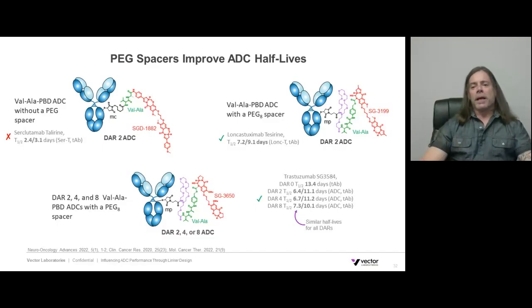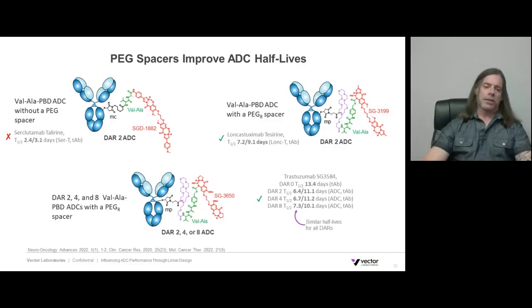Again, at least for PBD payloads, and this is an important caveat, a lot of people have had success with linear PEG spacers and their payloads, but Seagen did some nice work showing that this is not a universal solution. They had some ADCs with the glucuronide trigger and the MMAE payload, DAR8 ADCs, and when they put a PEG-24 spacer in there, they found that ADC was actually cleared faster and was less efficacious than the ADC without any PEG at all.